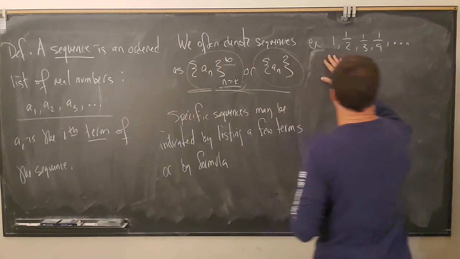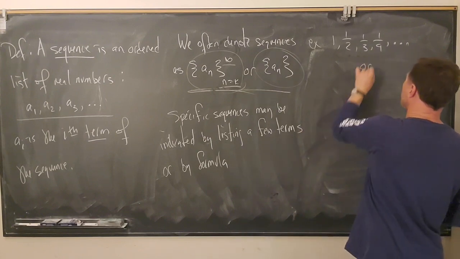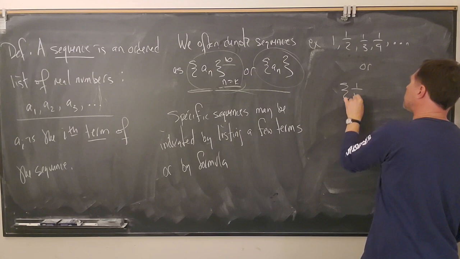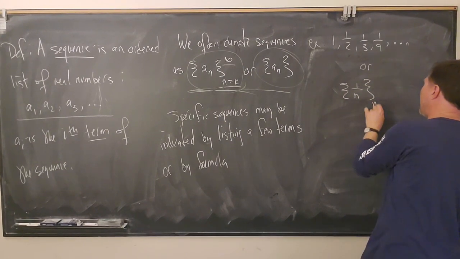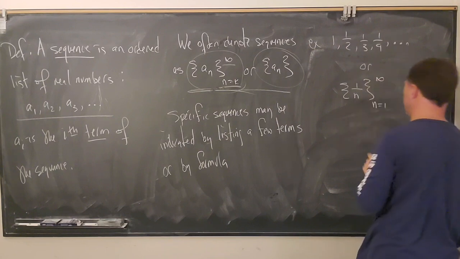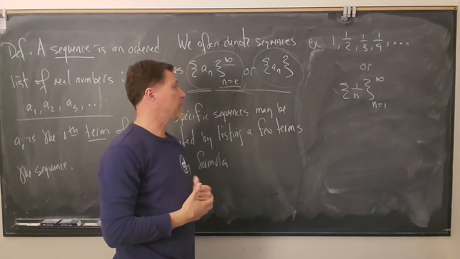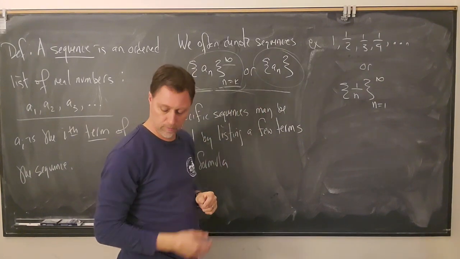So I can write it as a list, or as a sequence of the form 1 over n, where n goes from 1 to infinity. Either of these indicates the same sequence. And we should be able to comfortably go back and forth between the two.